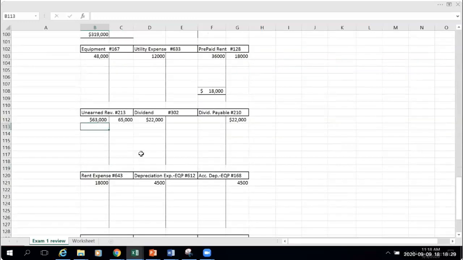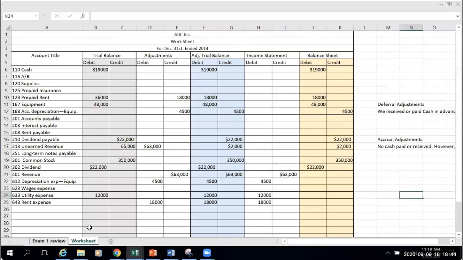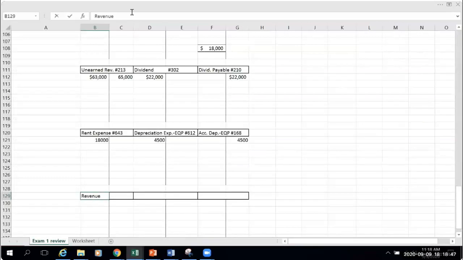And credit revenue, okay, and revenue, the balance is 400 something, I believe, 401. Yes. So revenue is account number 401.